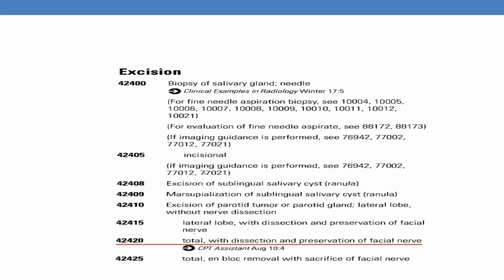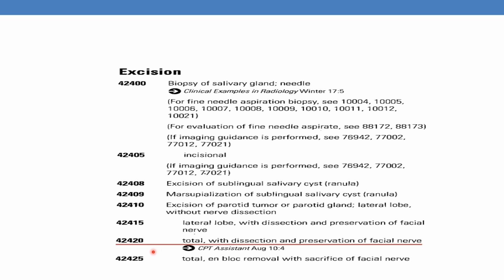If you go for excision, the description of 42410 indicates excision of parotid tumor or parotid gland, lateral lobe without nerve dissection. Under it you can find 42415, which is excision of parotid tumor or parotid gland, lateral lobe with dissection and preservation of facial nerve.